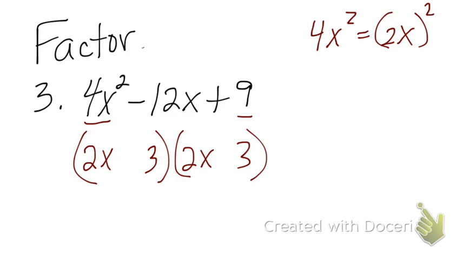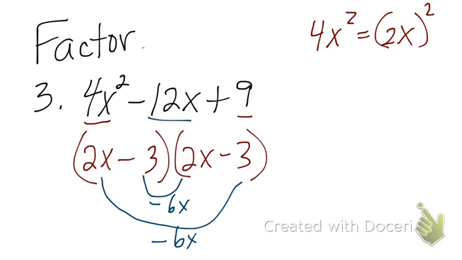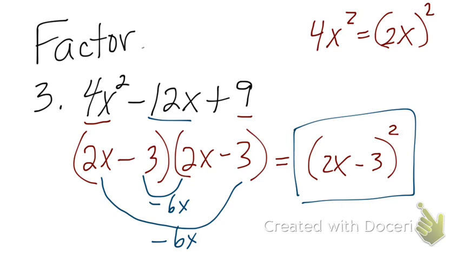And it looks like both of our signs are going to have to be negative here, because a negative 3 times a negative 3 would give us the positive 9, and then we have a middle term that's negative. Again, we want to double check that our inner and outer product add up to negative 12x, and they do. And so our final answer is the quantity (2x minus 3) squared.